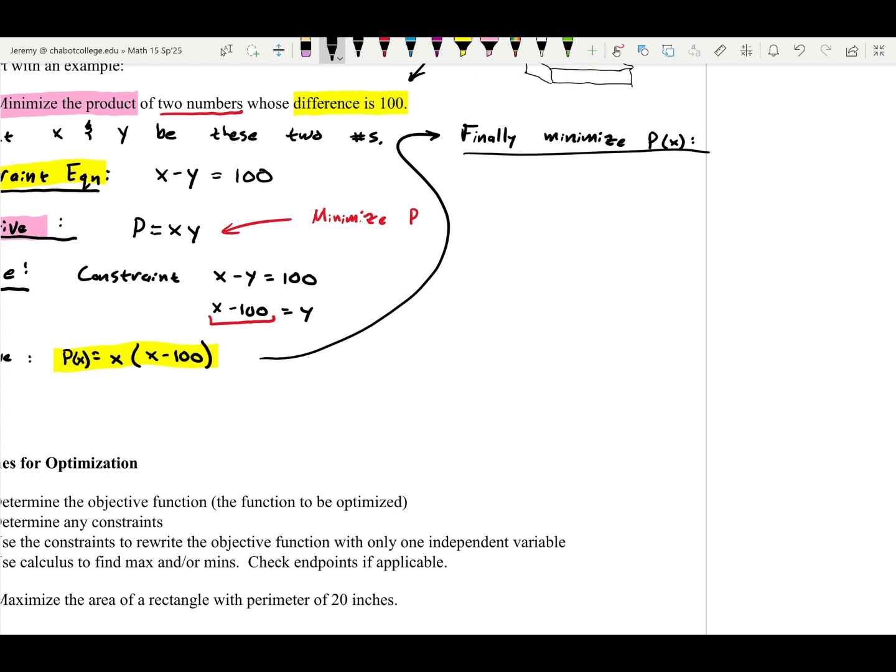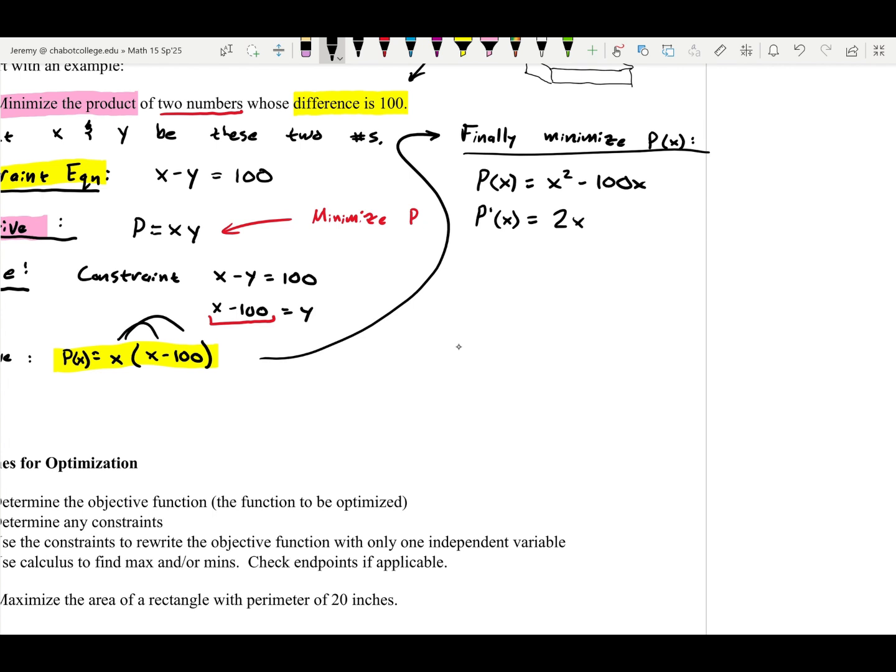Okay, so how do we find a minimum? Well, usually we'll find the critical numbers, so finding the derivative of P would be helpful. I might rewrite P of x as x squared minus 100x. I just distributed the x into the parentheses. And I do this because it makes it a little easier to find the derivative rather than doing a product rule. I'd rather just do a couple power rules.